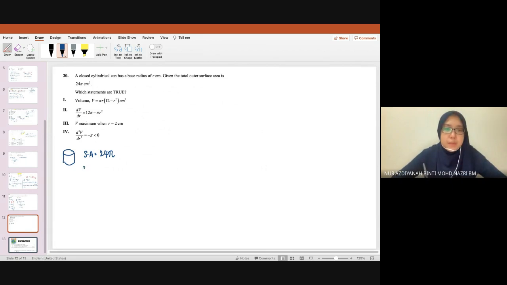So surface area untuk cylinder, the formula is the top part, top and bottom. So 2 pi r square and then plus with 2 pi r h. So yang ni ada soalan yang sama lah, formula yang kita bincang hari Ahad tu. Okay, so 2 pi r square plus 2 pi r h. And this is equals to 24 pi.